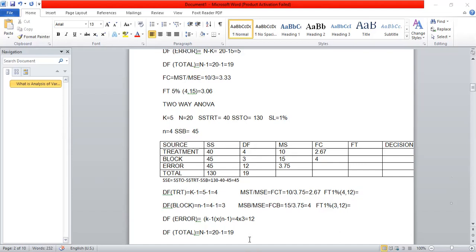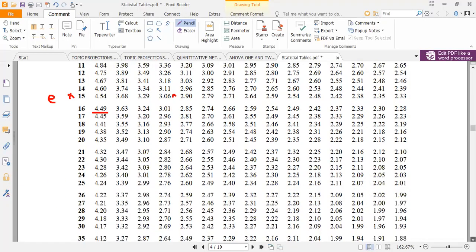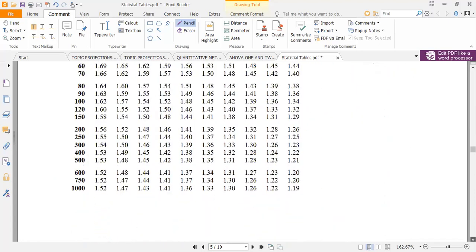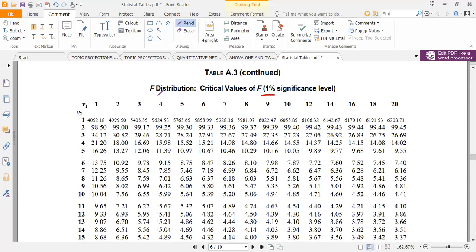What percentage is that? 1. The first coordinate is 4 comma 12, then 3 comma 12. So look for 1%. This is 5, 1%. So 12 is the error. So our error will be here. Then 4 comma 12: 5 point what? 41.